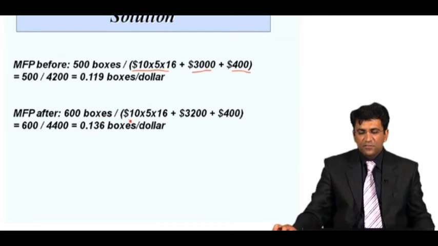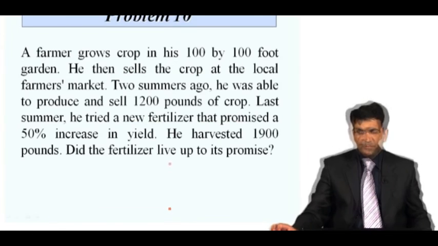The labor hours will remain the same. Only the capital costs will increase in this case, that is now equal to $3,200. The energy cost will remain the same. So again, if you divide 600 by this sum, it will be equal to 0.136 boxes per dollar. So this is our new productivity.